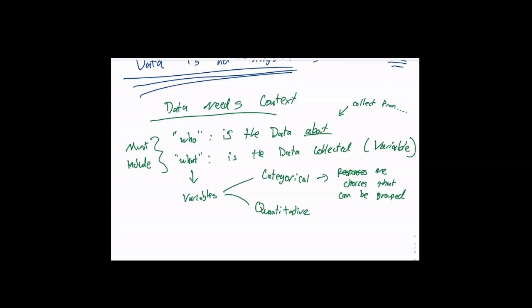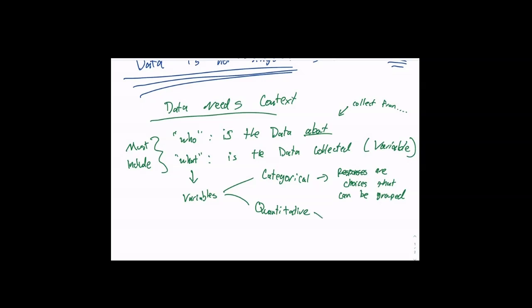What is the color of your eyes? Okay, that's categorical because blue, brown, green, other. Those are choices, and we can group those responses together in a bin.